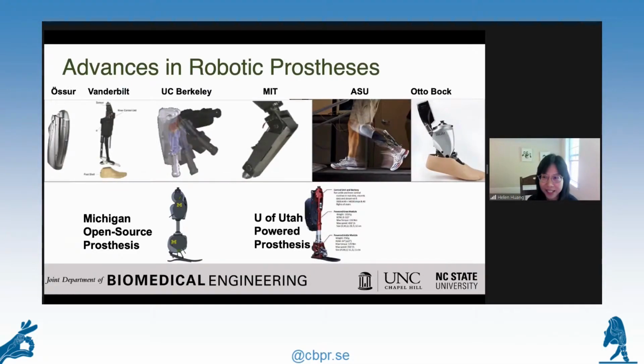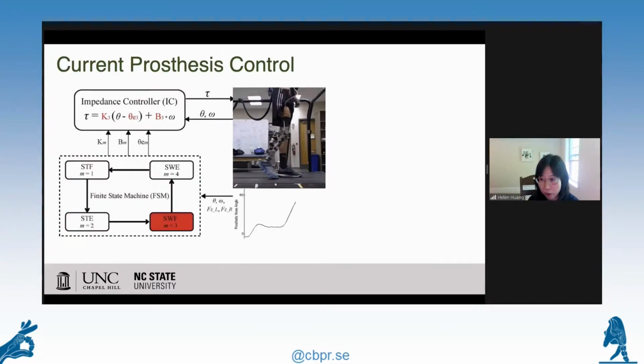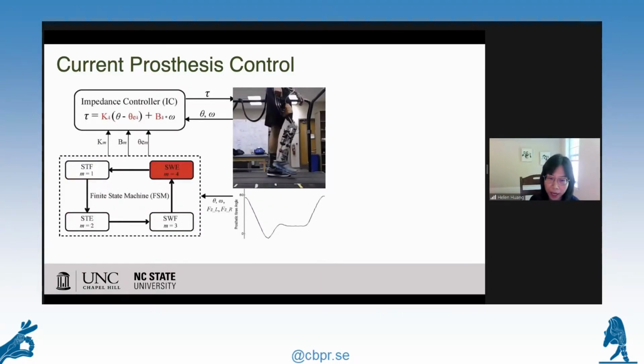You might have already seen this multiple times. Current prosthesis devices have transitioned from passive devices to powered robotic devices. There are many already commercially available, including the Power Knee and currently the Ottobock Empower. As you may have gone over in some previous talks, the current commercial devices and many prototypes use what is called a finite state machine.